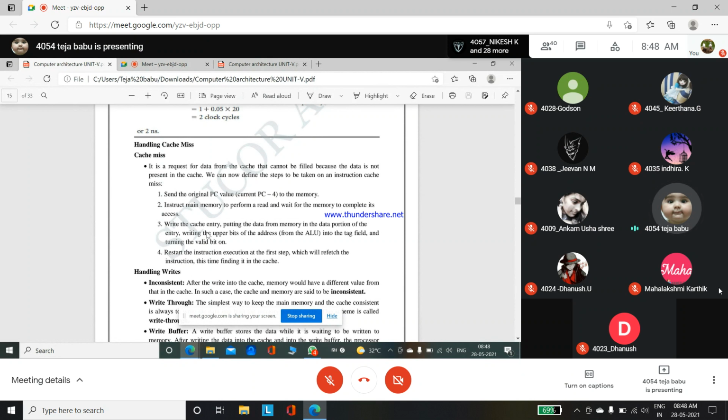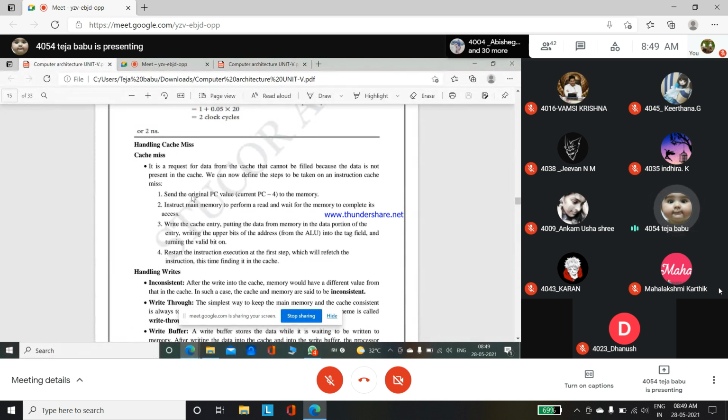Finally, restart the instruction execution at the first step, which will refetch the instruction, this time finding it in the cache. That means the cache miss is resolved after the fourth operation, which is restarting the instruction execution.